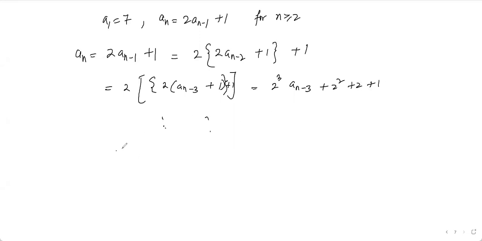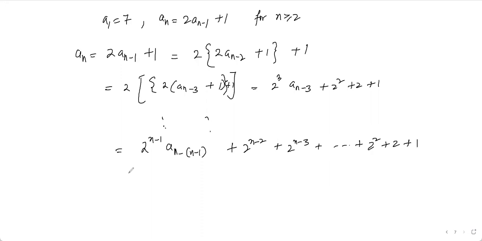Finally, we write this as 2 to the power of n minus 1 times a1, plus 2 to the power of n minus 2, plus 2 to the power of n minus 3, down to 2 squared, 2, and 1.